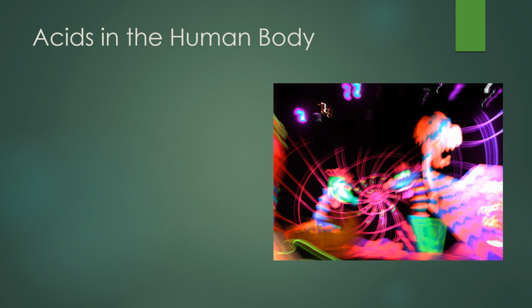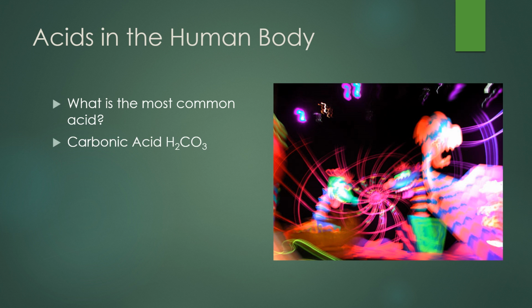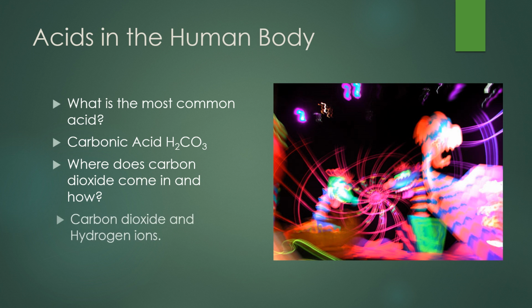Okay, let's discuss acids in the human body. What is the most common acid? The most common acid is carbonic acid, H2CO3. Okay, so where does carbon dioxide come in and how? It comes in through carbon dioxide and hydrogen ions.